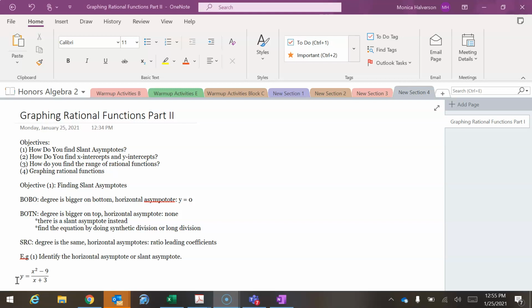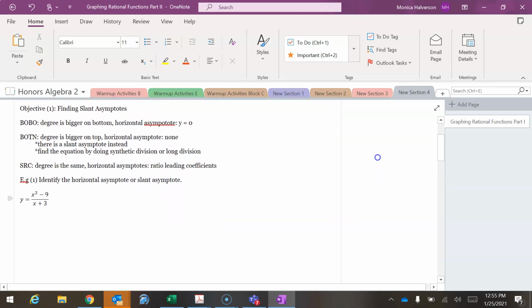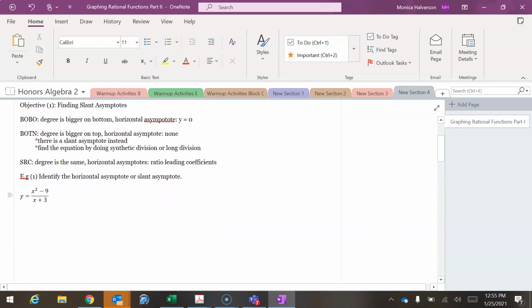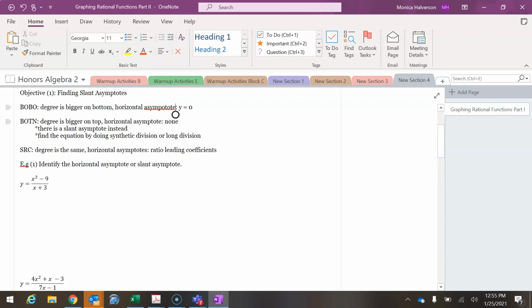So in class last time, we talked about how to identify the horizontal asymptotes, and I introduced to you these three acronyms. The first was BOBO. If the degree is bigger on the bottom, we know that the horizontal asymptote is y equals 0. We also know that you could have the degree bigger on top, which would make the horizontal asymptote none.